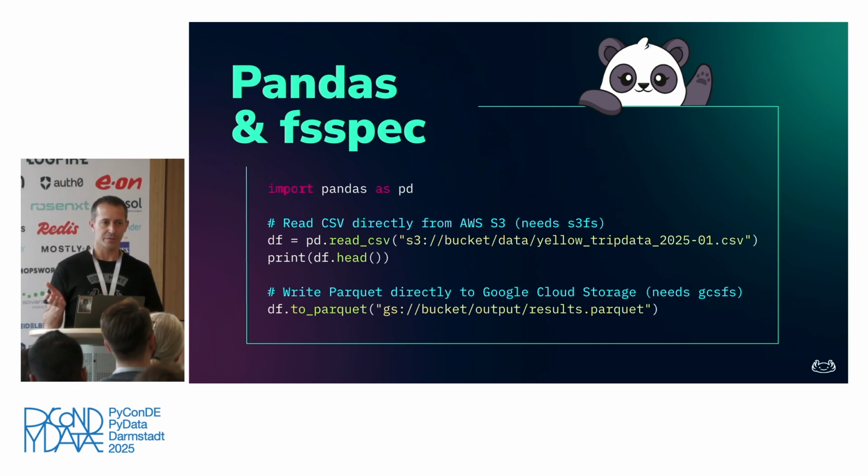There are no specific vendor libraries or APIs here. We are just telling pandas where to read from and where to write to, and everything is handled under the hood by fsspec. The only thing you need to make sure is that you have the dependency backend libraries installed. In this case, it is S3FS and GCSFS, because we are working with those two storage systems.